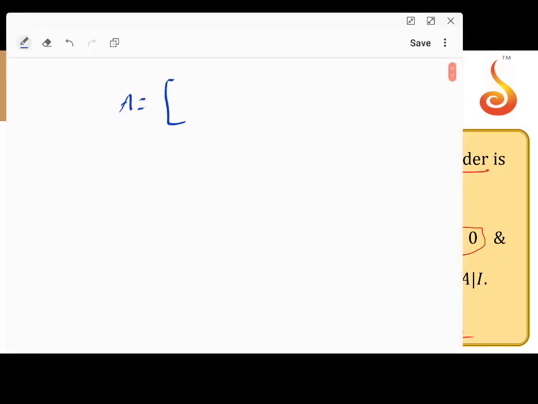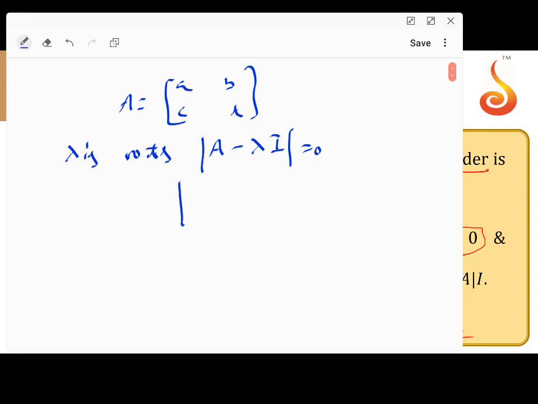Suppose A is a, b, c, d. Here λ is a root of the determinant of A − λI equation. That means if you solve the determinant of A − λI = 0, we'll get the value of λ. λ is one of the eigenvalues of A. So now I will take the determinant of A − λI.